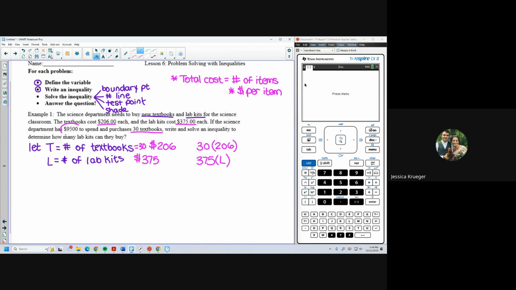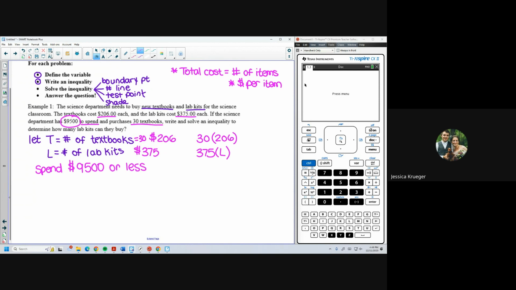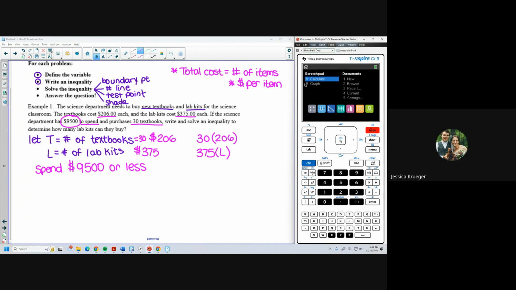They tell me I've got $9,500 to spend. That means that I've got to stay within budget. So I am able to spend $9,500 or less. So how can we figure out how much we're spending? Well, the first thing I'm spending is I'm paying for those 30 textbooks. So I'm going to go to my calculator.